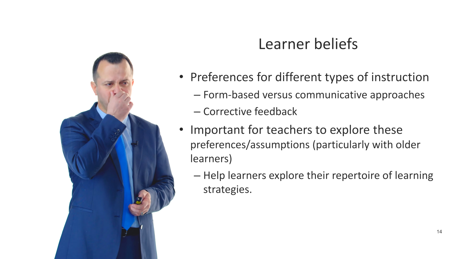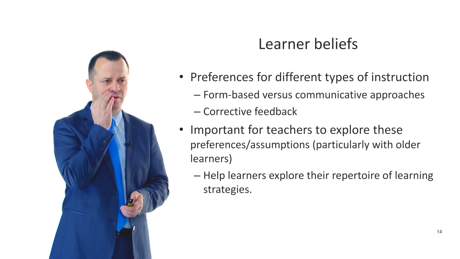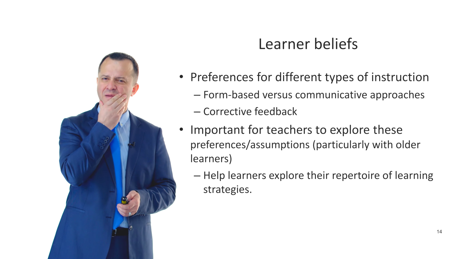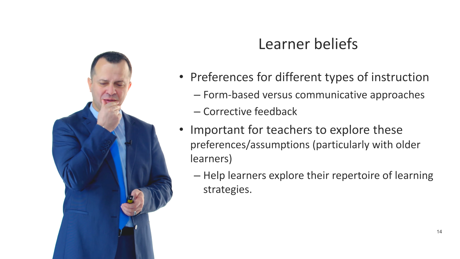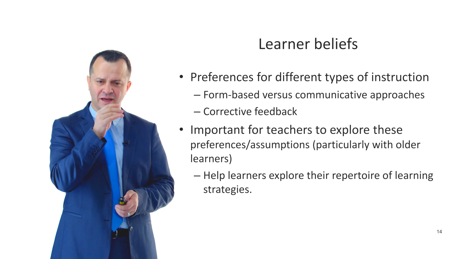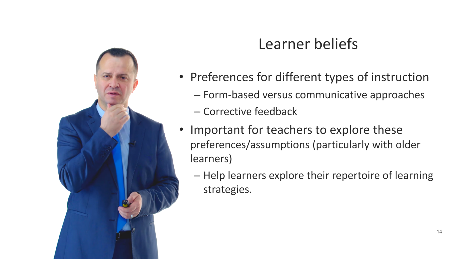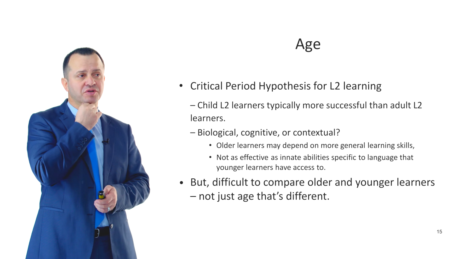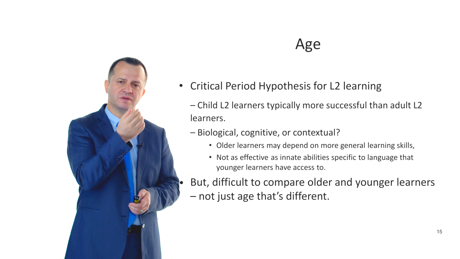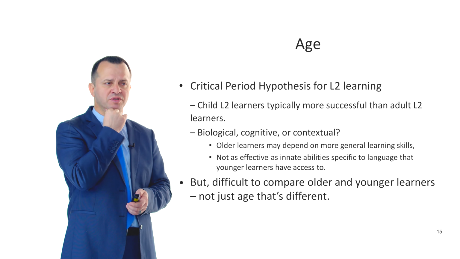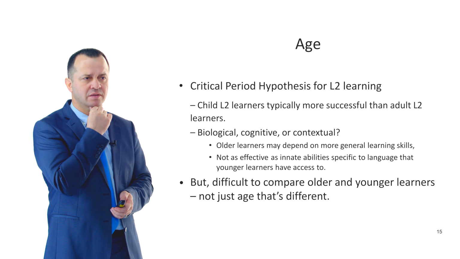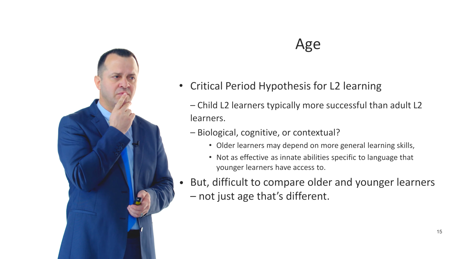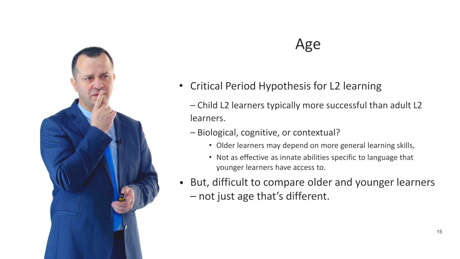It helps learners explore their repertoire of learning strategies. And sometimes you need to adjust and adapt new strategies for learning or teaching your classes. Age. There is a phenomenon called the critical period hypothesis for L2 learning. Child L2 learners are typically more successful than adult L2 learners.